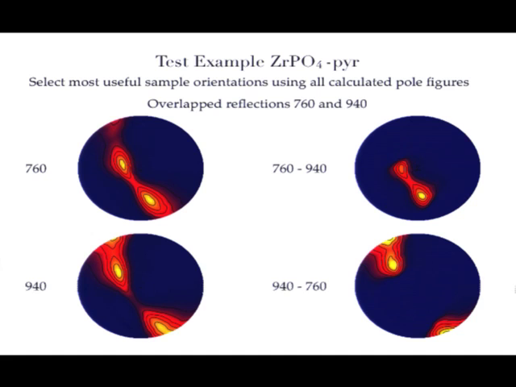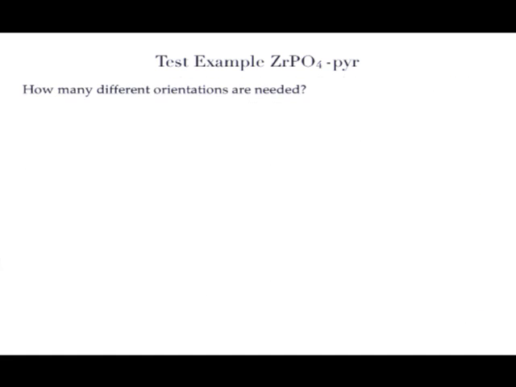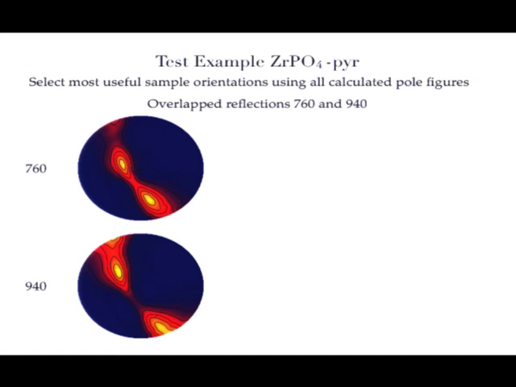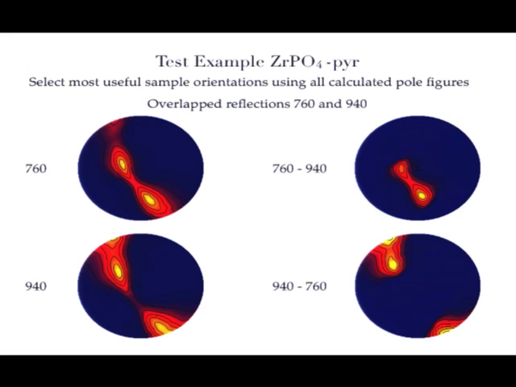So the most useful orientation for doing the deconvolution would be measuring here and here, and of course also these two positions.